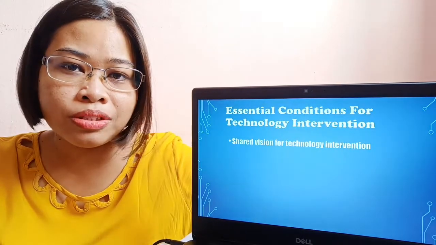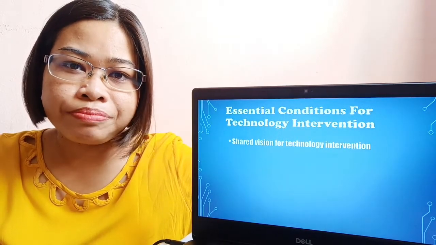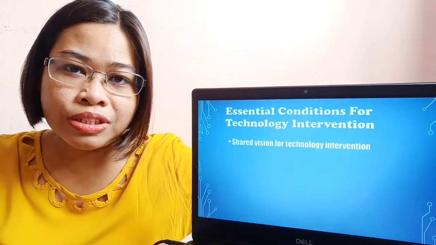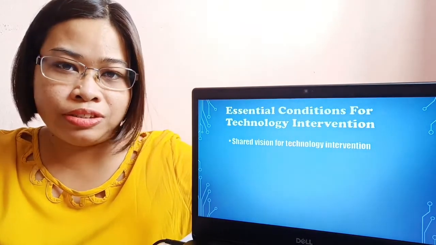It also includes the budgeting and other related factors to consider when we integrate technology in instruction.